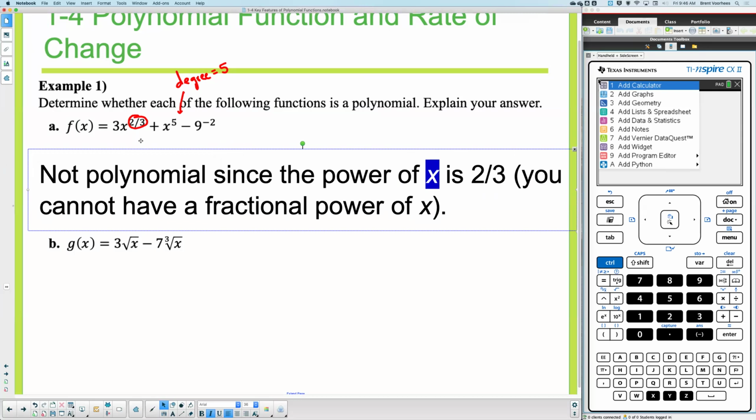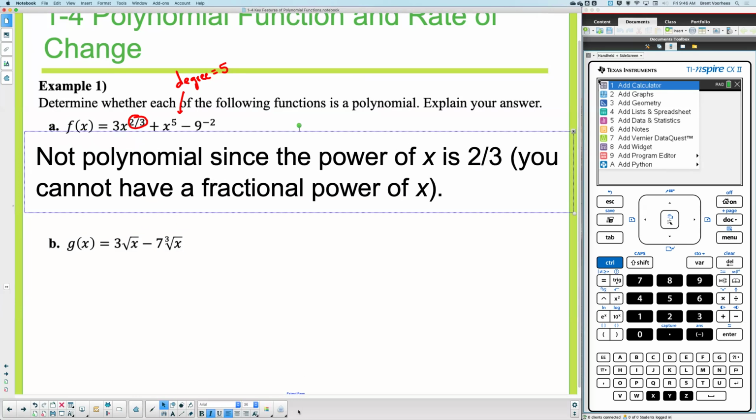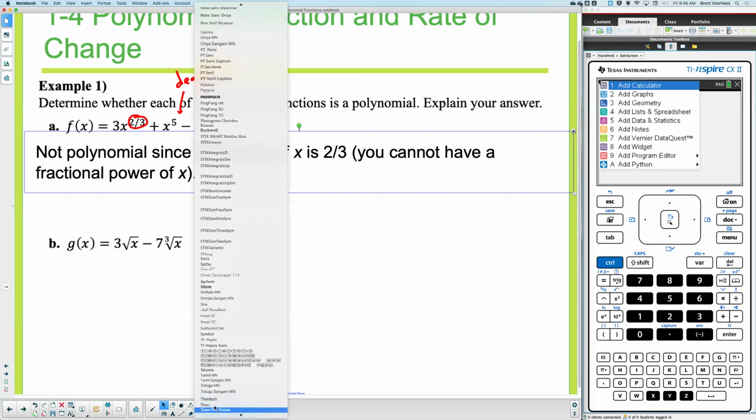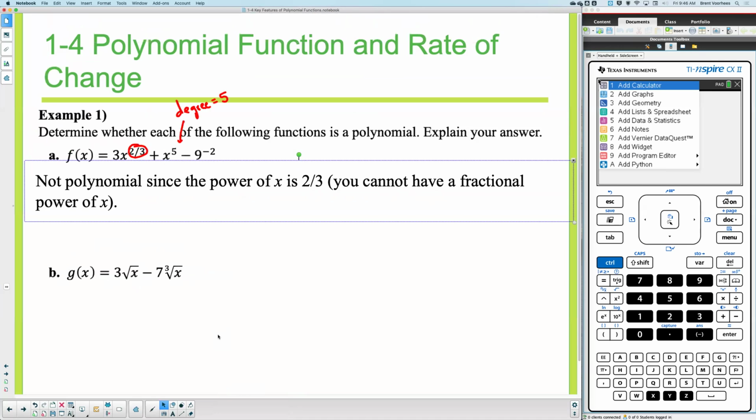Now, by the way, you can have a fractional power or a negative power if it's a number, but just not on the x's. That's the rule. It's on the x's that we're talking about. That's where it really matters. Not polynomial since the power of x is 2/3. That's what makes it not polynomial.